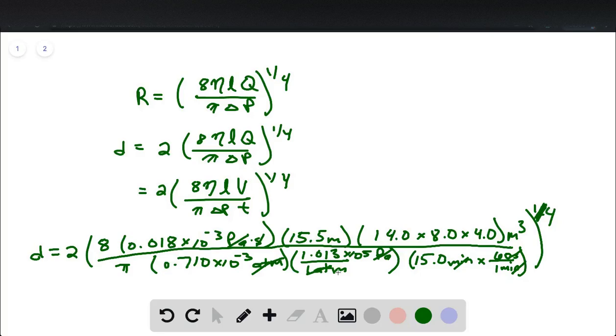And we'll have then a meter to the 4th power, and then we're taking the 4th root. So this will be the correct units that we want. And when you plug this into the calculator, you should get about 0.94 meters. And that's our final answer for the diameter.